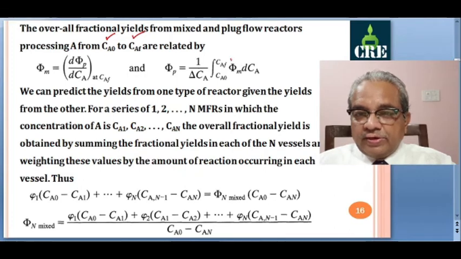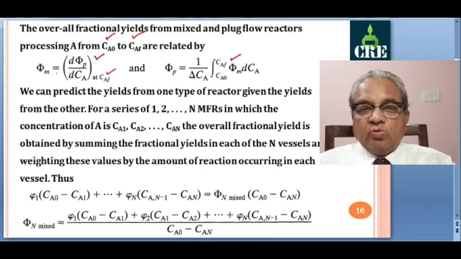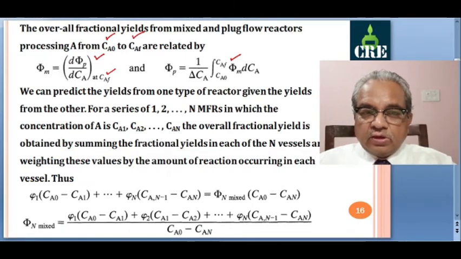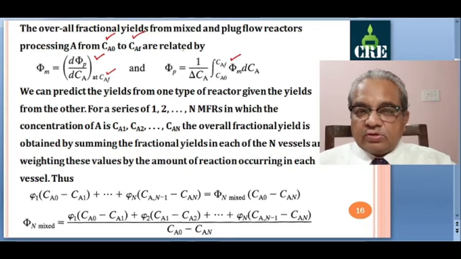This phi m is nothing but the differential of phi P evaluated at exit concentration. So the overall fractional yield in the mixed flow reactor is the derivative with respect to Ca of the overall fractional yield in the plug flow reactor, evaluated at final concentration.